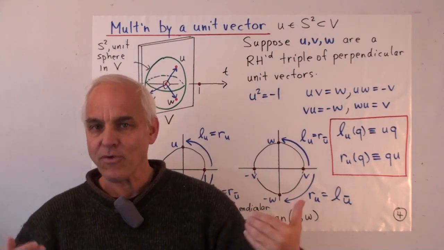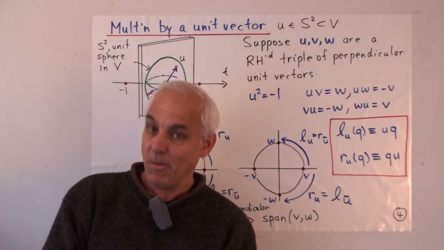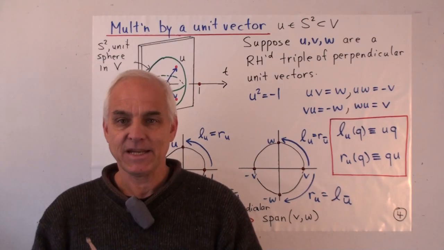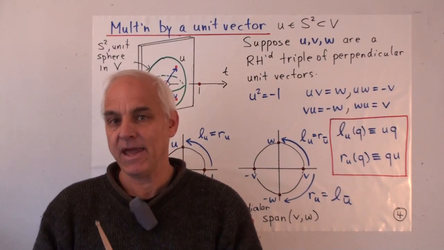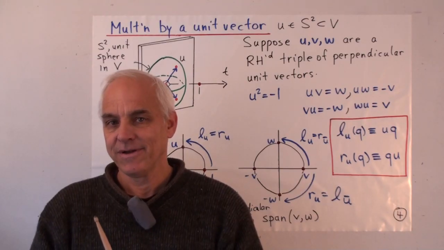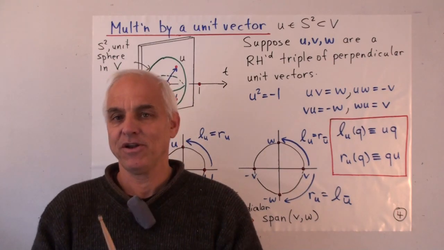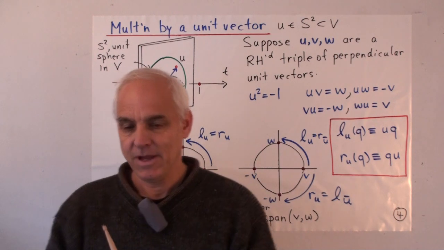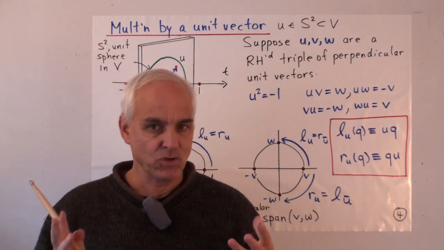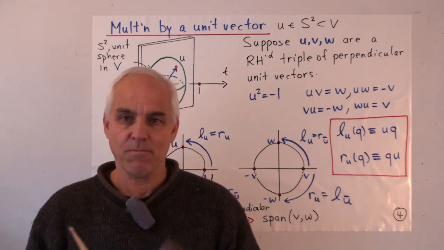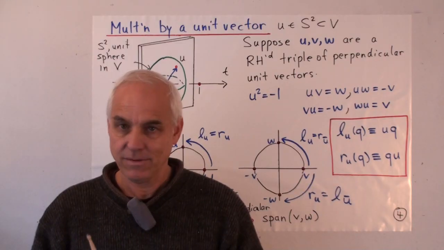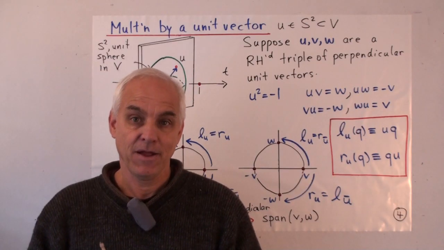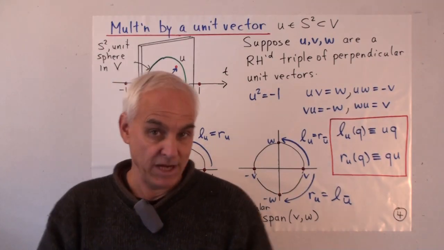So while the overall quaternion structure is a little bit complicated, we're working in this four-dimensional space, nevertheless it can be simplified by thinking about the multiplication in a particular way, and I want to show you that now. This is going to be a good way of visualizing what actually happens when you multiply by a quaternion, geometrically. And it's really the key to understanding the connection between quaternions and rotations.